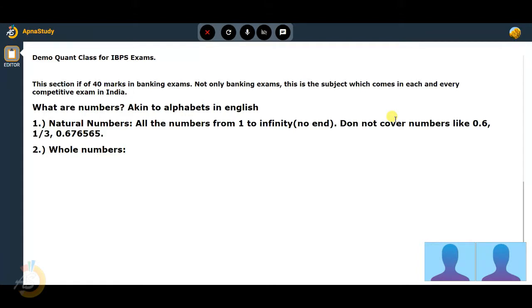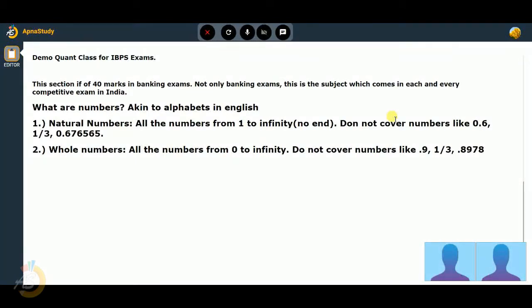So we can write whole numbers as all the numbers from 0 to infinity, and we do not cover numbers like 0.9, 1/3, which is a rational number, 0.89878, anything. So whole numbers are all the natural numbers including 0.